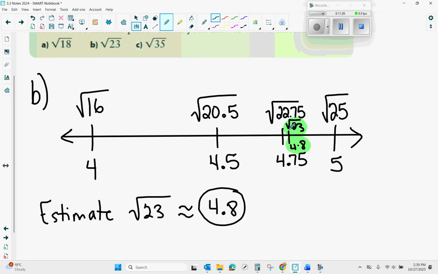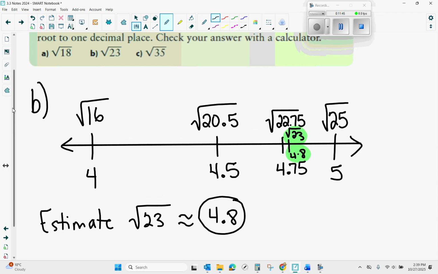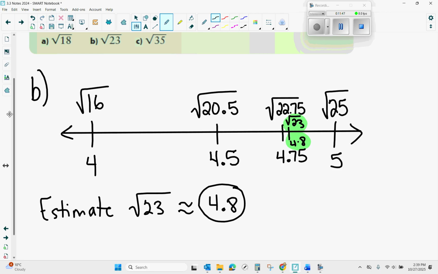We want 23, so you should be a little bit higher. So 4.8 should be pretty well what everyone agrees upon. With 4.9, you're going to get closer to 25. So I would suggest keeping it a little lower there.